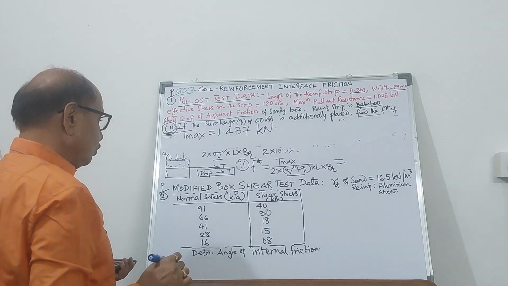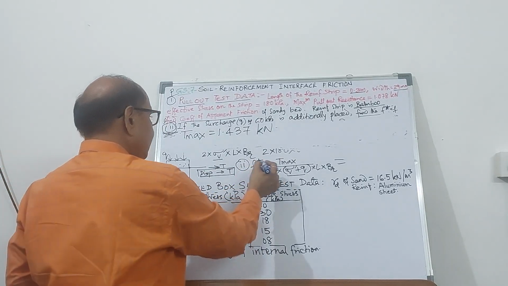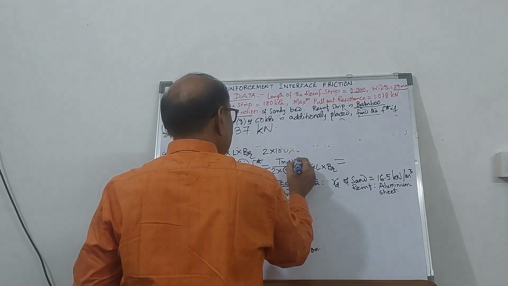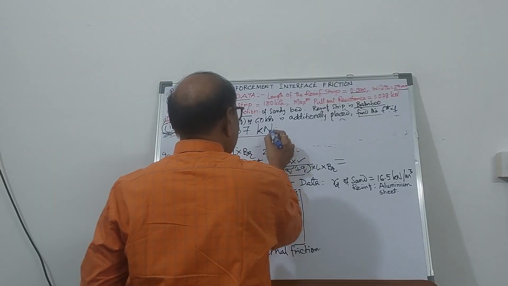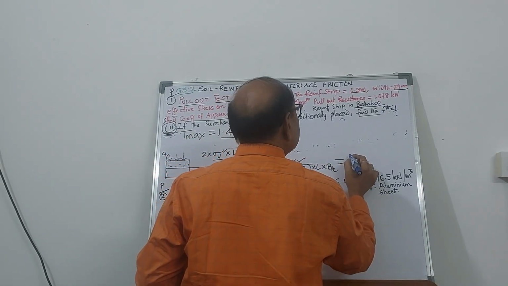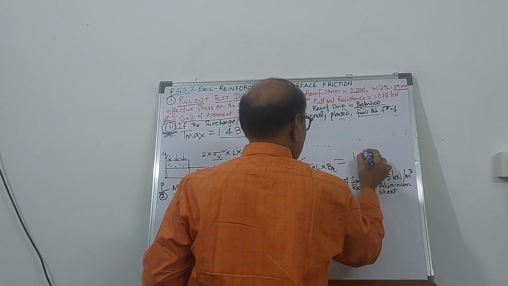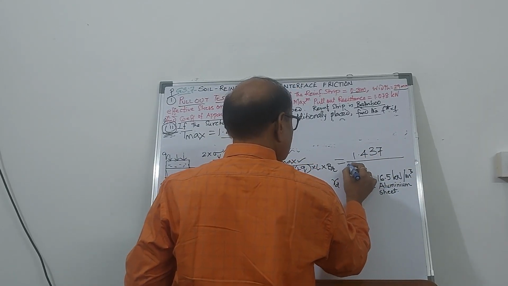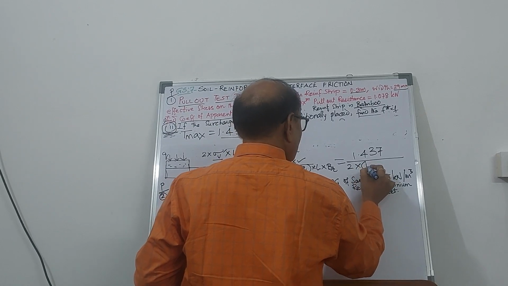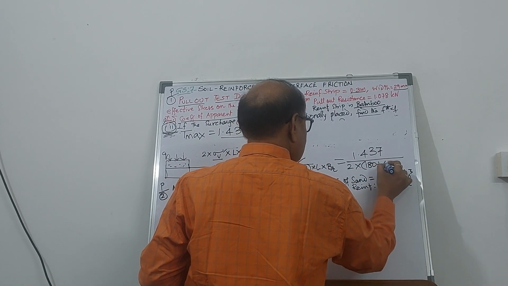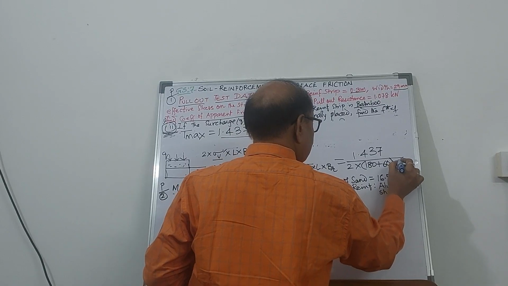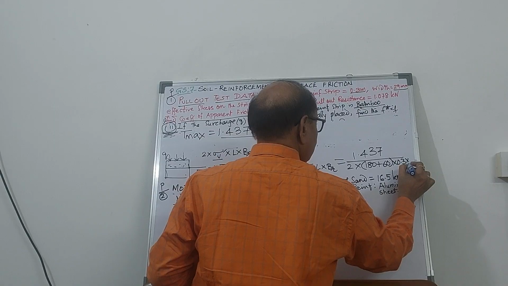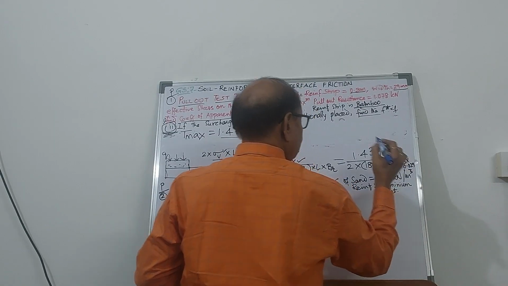So how will you find it? Already you have the information. This is the formula here. Now in place of T max, you place this value which is given in the data. So 1.437 kilonewton divided by 2 into 180 plus 60, multiplied by 0.3 into 0.029.